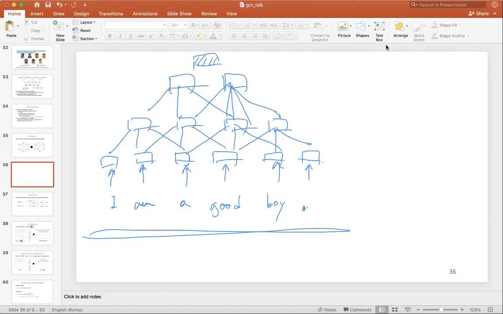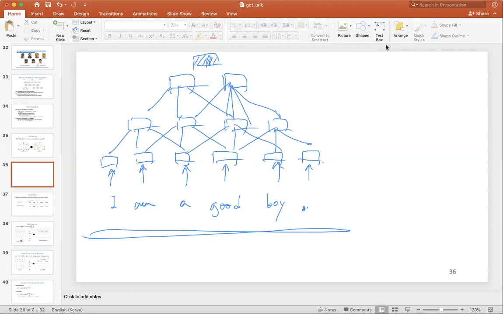If you just apply the convolution filter enough number of times, then you can derive the top embedding, which is the representative vector of your sentence.